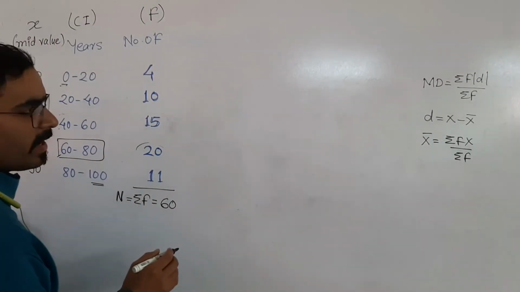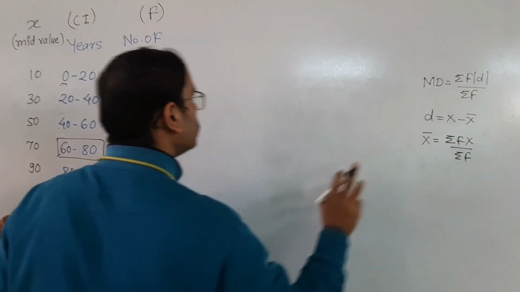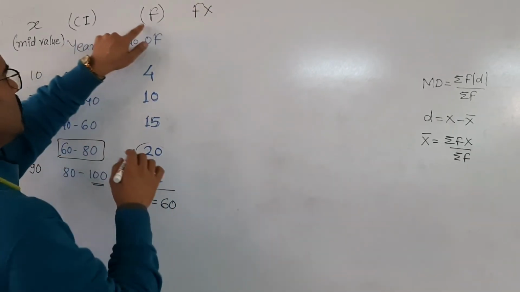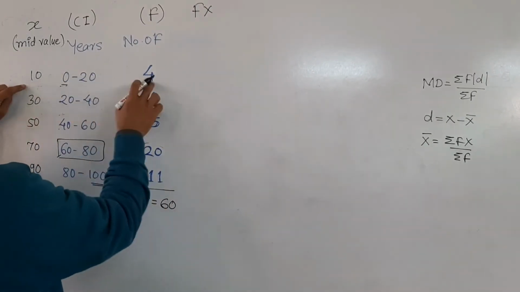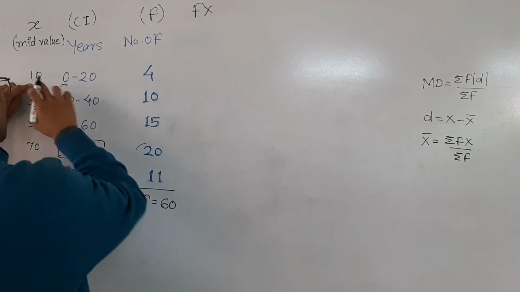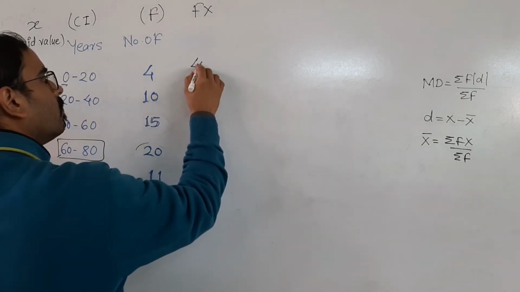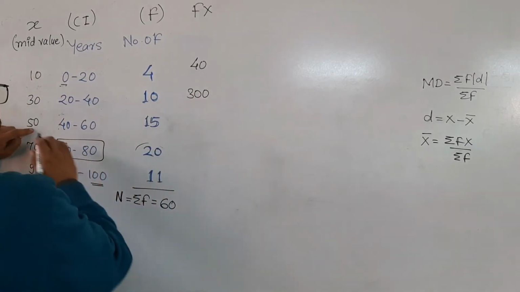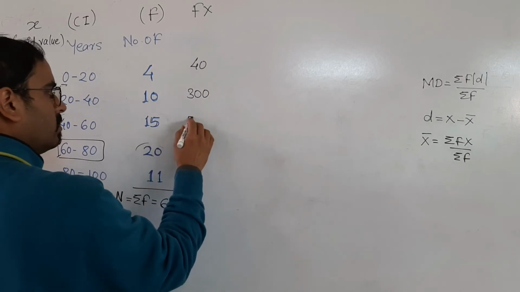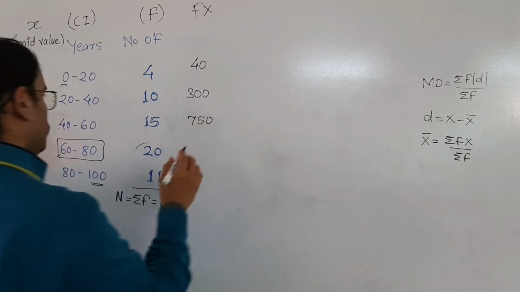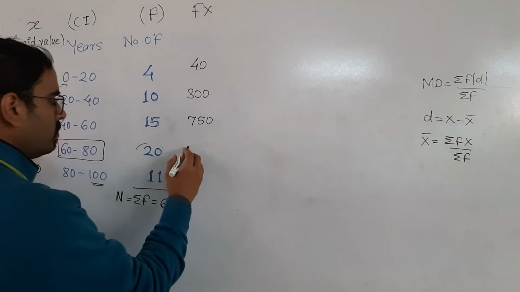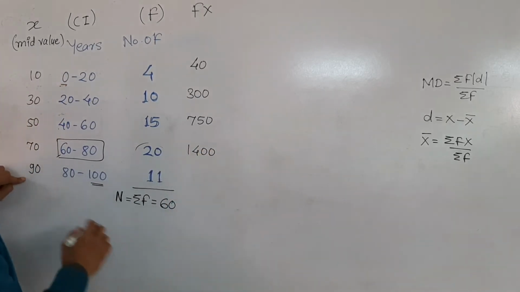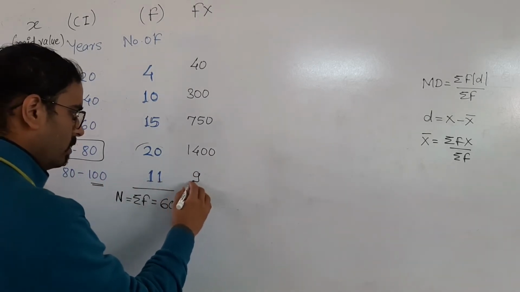So for finding mean, we need fx terms together. F and x together. This is f, this is x. So we need to multiply those columns. 10 into 4, 40, 30 into 10, 300, 50 into 15, 750, and 70 into 20, 1400, and that will be 990.